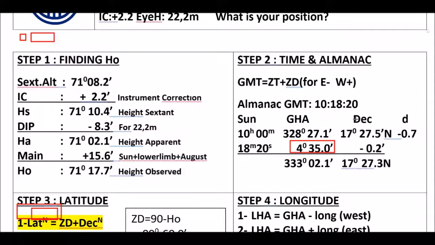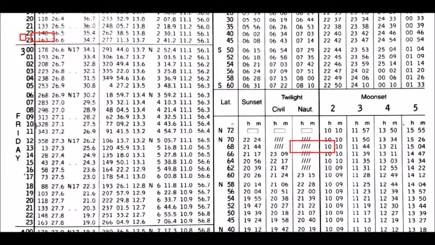Let's speak about the declination also. Declination at 10 o'clock, you can see at 10 o'clock, declination of the sun. Here you only see 27.5 minutes, but you have to take this value also, in order to not write this value every hour, as you see, it is going on.